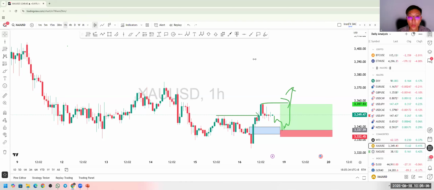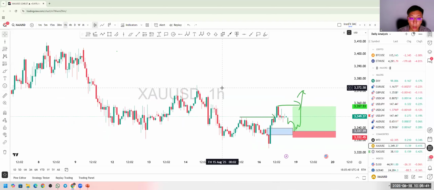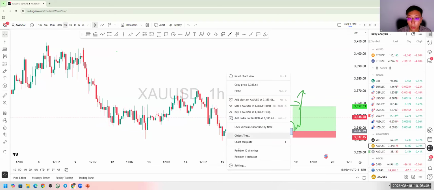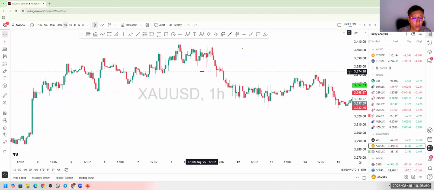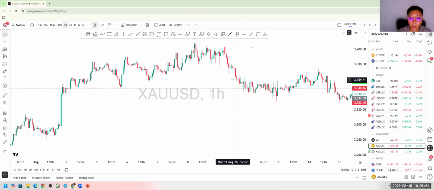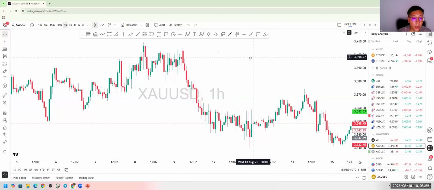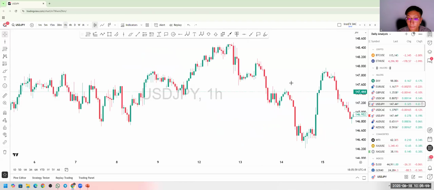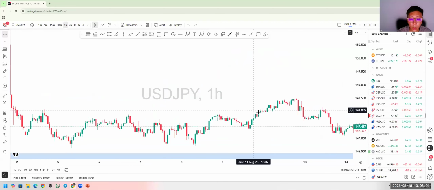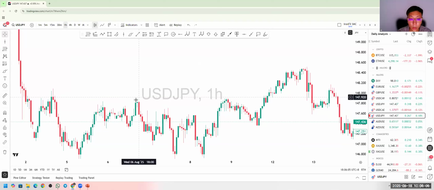Oh, yes. Okay, so let me explain equal lows again. If you look right here, equal lows might not be that frequent, but let me show you guys an example. Equal highs and equal lows. Let me try to find equal highs.